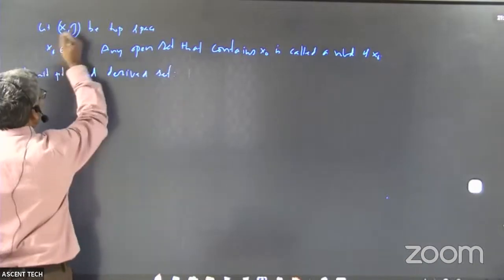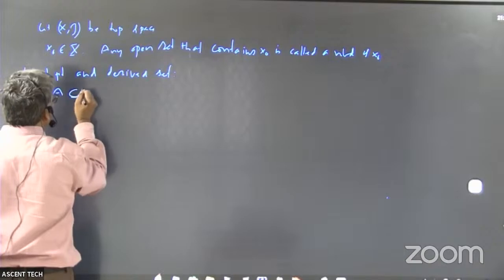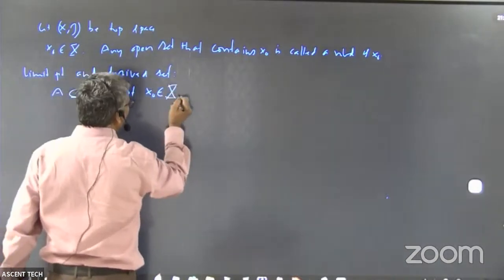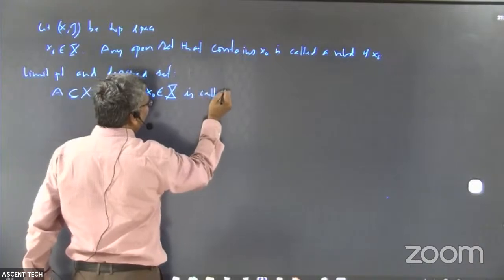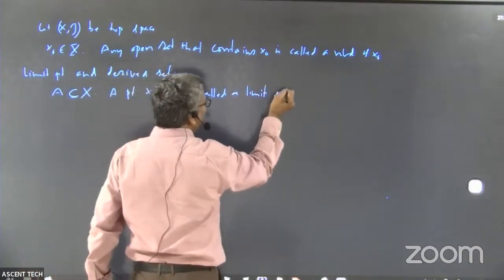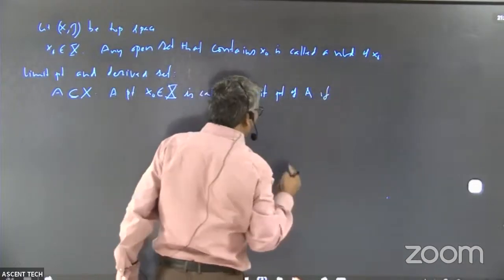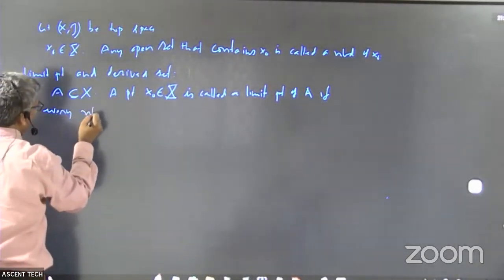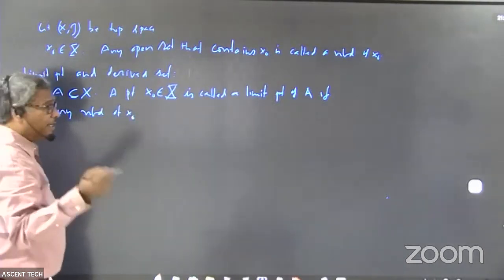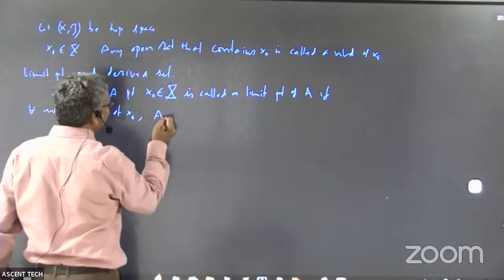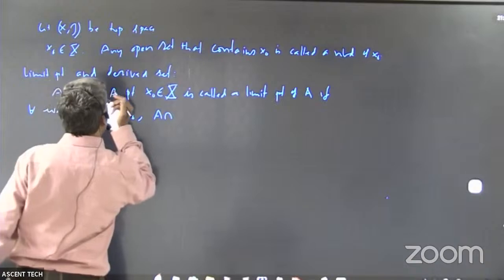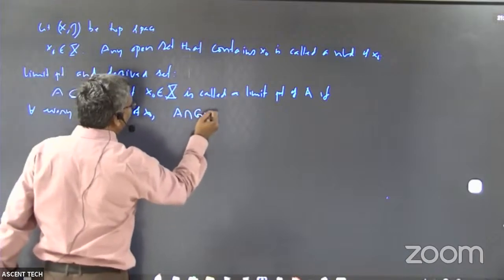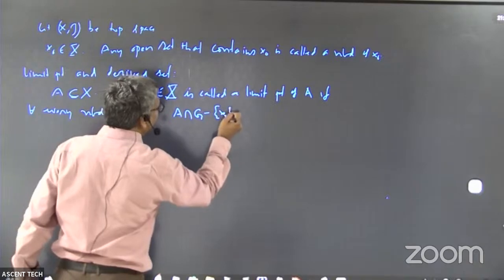Okay, so X is a topological space, A is a subset of X. A point x naught in X is called a limit point or limiting point of A if for every neighborhood G of x naught, A intersection G minus the singleton x naught is non-empty.